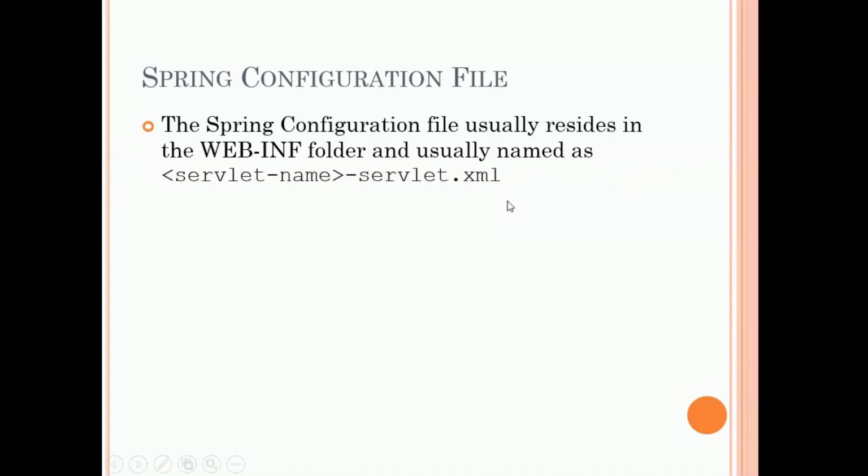So let's say if the name of my servlet in the web.xml file is dispatcher, then I will be naming this as dispatcher-servlet.xml. If you have not seen my previous video, you can check out my previous video here wherein we had configured our web.xml file with the dispatcher servlet. So whatever servlet name that you give there for the dispatcher servlet is what you mention here. Okay, so that's servlet-name-servlet.xml.